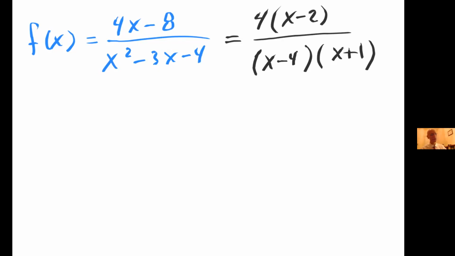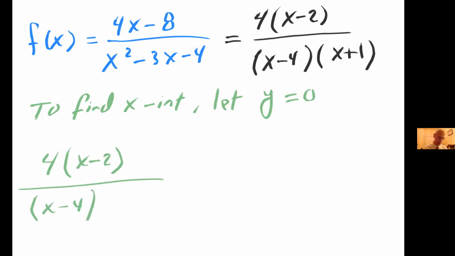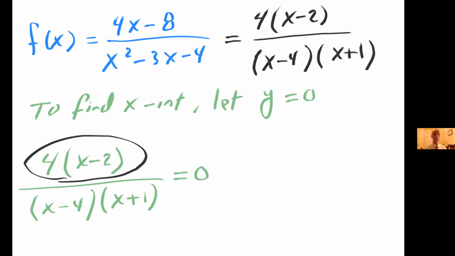Part A, we were trying to find the x-intercepts. To find x-intercepts, let y equal 0. So I'm going to say 4 times x minus 2 over x minus 4 times x plus 1, set equal to 0. It is sufficient for the numerator to equal 0.